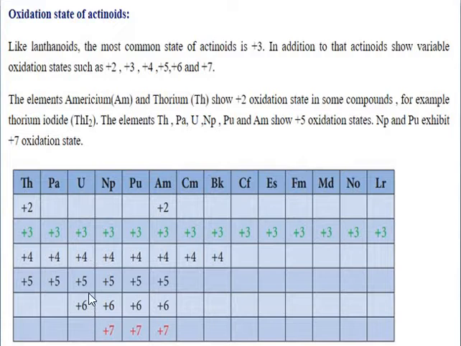In the case of uranium, the +6 oxidation state is more stable, and this is the oxidation states of actinoids.